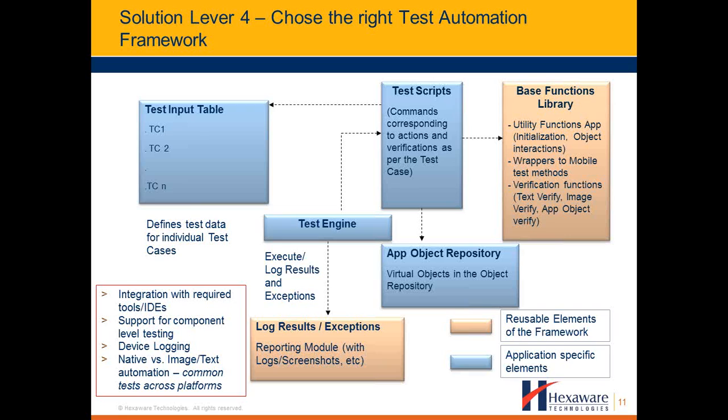Now, native automation support is not to be confused with automation for native applications. Each automation tool works on the principle of either UI image recognition, text recognition, or native object automation. What it means is that you have access to the underlying native properties of the objects that the developer has provided while building the UI screen.